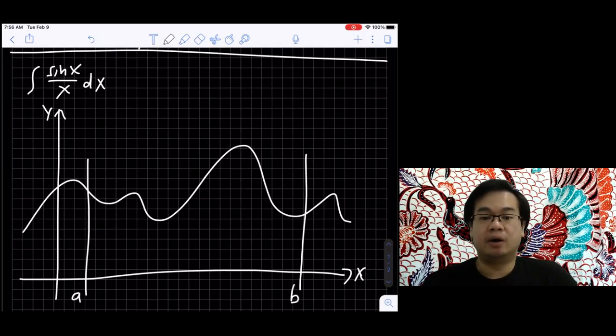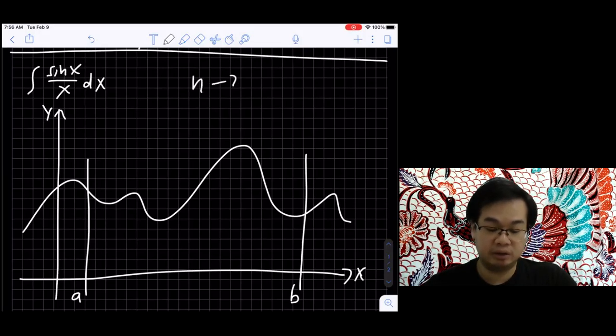Now, one important thing that you need to keep in mind, if you are using Simpson's rule, there is a limitation for the number of increments. The number of increments must be an even number. One more time, I will repeat: the number of increments, if you are using Simpson's rule, must be an even number.